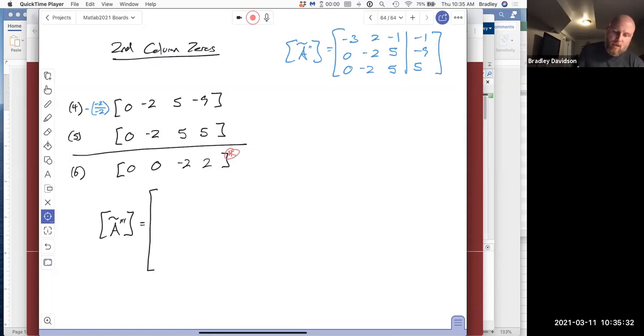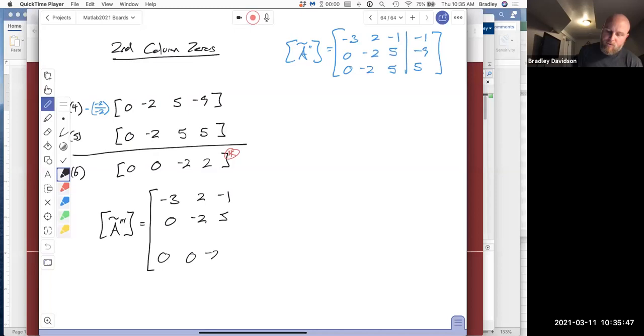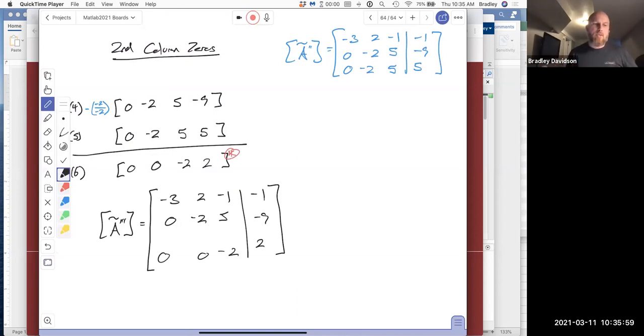And so putting these together in our final augmented equation, we get -3, 2, -1, 0, -2, 5, and then 0, 0, -2. And then -1, -9, and 2. Right? So that's our new augmented equation.